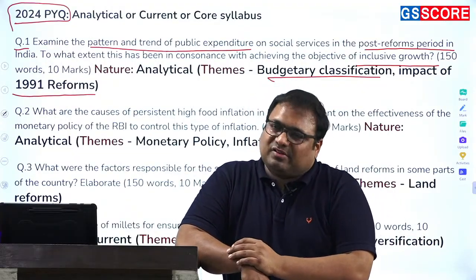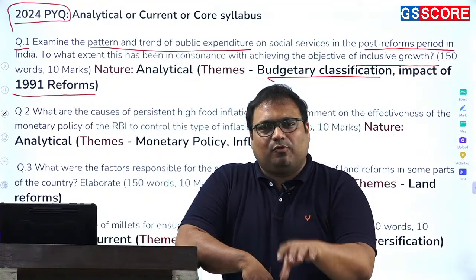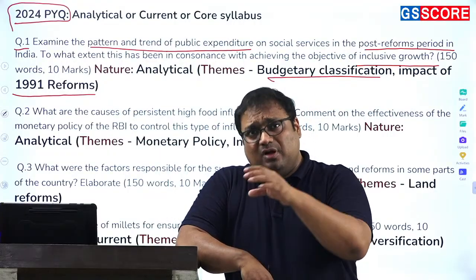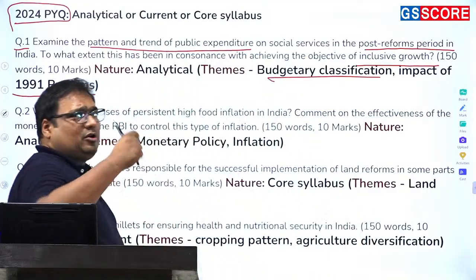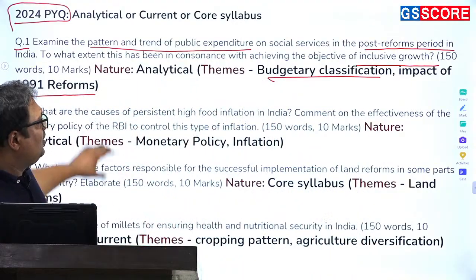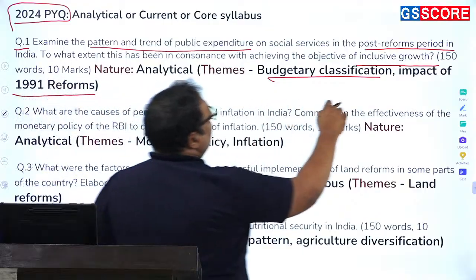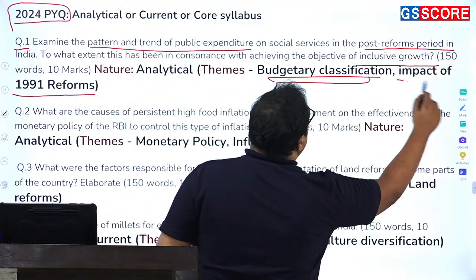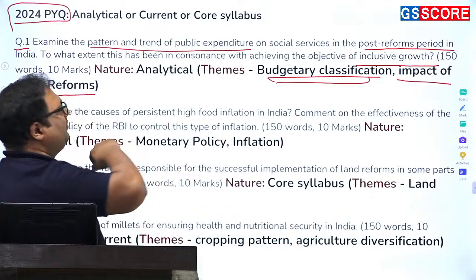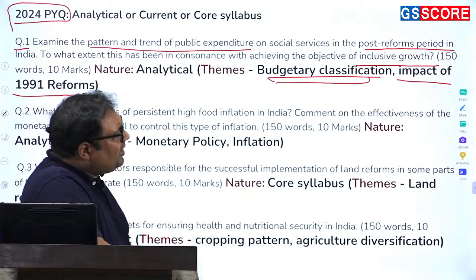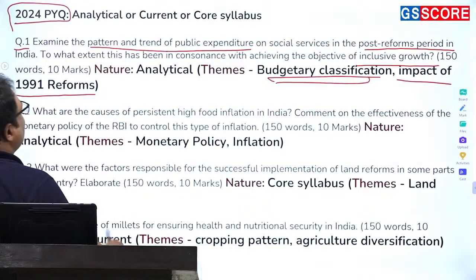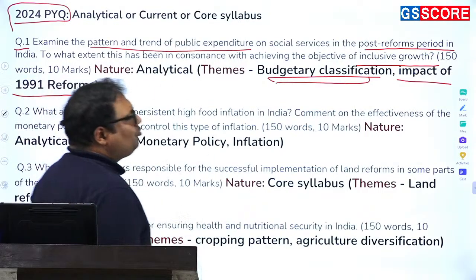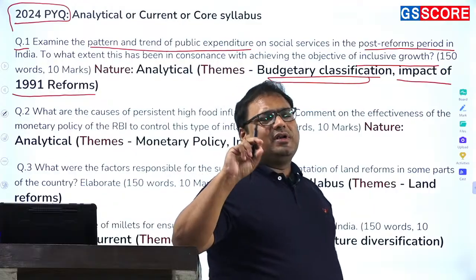We reduced the wasteful expenditure. We instead try to focus our expenditure more and more on development aspects. So those changes are also because of the 1991 reforms. So here you have to do the budgetary classification and the impact of the 1991 reforms. In addition, you can also link it to a third theme of inclusive growth. That is also a theme here. So sometimes a question can be related to multiple themes.